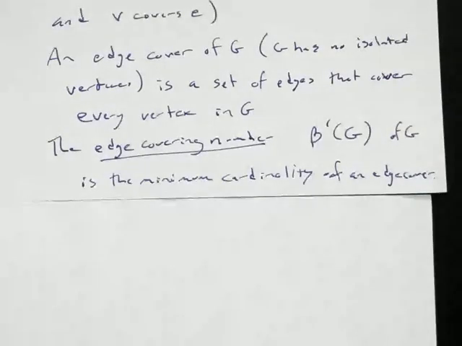As long as we have no isolated vertices, this must exist. There must be a smallest possible cover. As long as my graph has no isolated vertices, there must be such a number and the edge cover that goes with it.